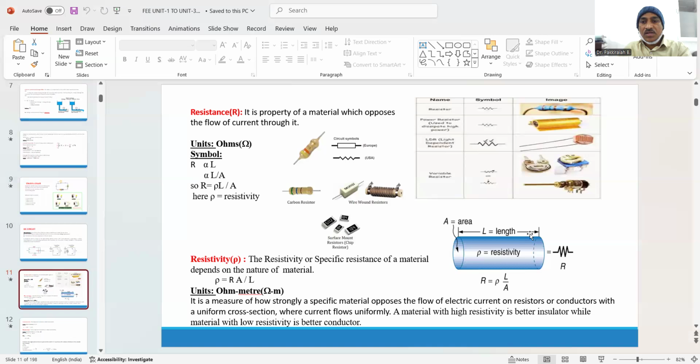Suppose a conductor of unit length has area of cross section A, then its specific resistance or resistivity rho becomes RA by L, where R is the resistance in ohm, A is the area of cross section, and L is the length of the conductor. The unit of resistivity is ohm meter.